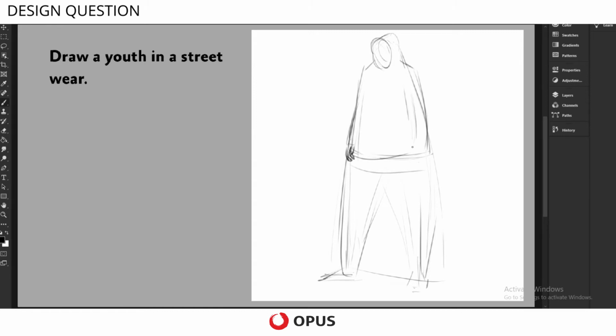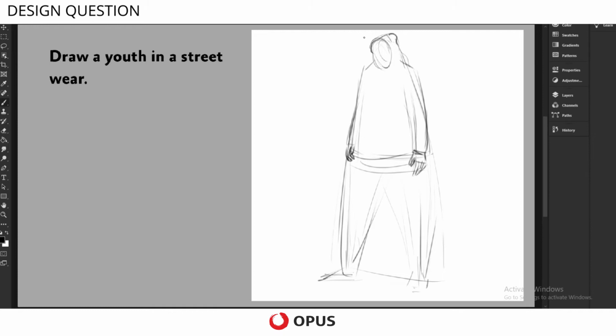So we will draw the important structures first. So we have that figure here, and then we can move towards some details of the cloth.